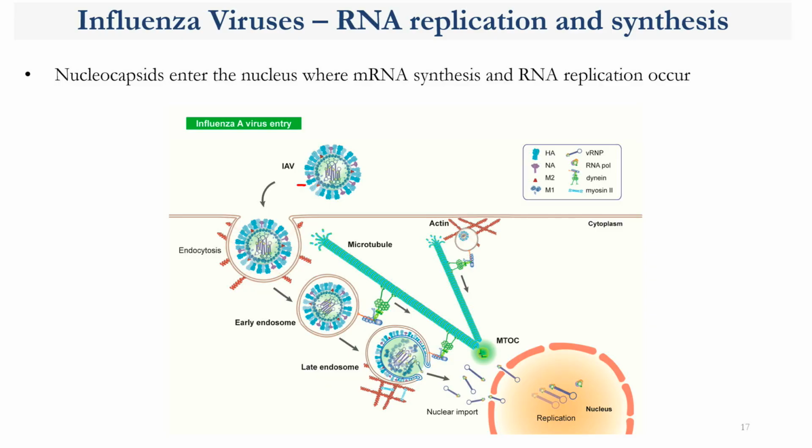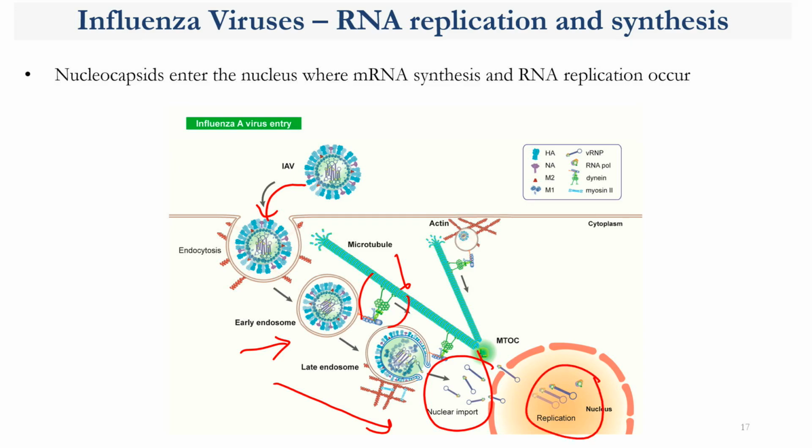So here, again, influenza virus, getting endocytosed, you have your early endosome. It's also walking along these microtubules, and as the endosome matures, you are releasing the nucleocapsid close to the nucleus. Okay? And these will now get internalized into the nucleus, where you can make mRNA as well as replicate the genome.